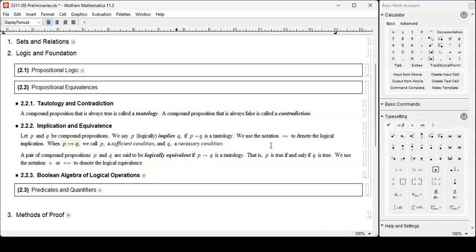And then instead of calling P and Q condition and conclusion, we call them sufficient condition and necessary condition. Sorry about those terminologies. Previously condition and conclusion, but now both are conditions and one is sufficient, one is necessary. I'm sorry, I did not invent any of those terms. You just have to get used to those.